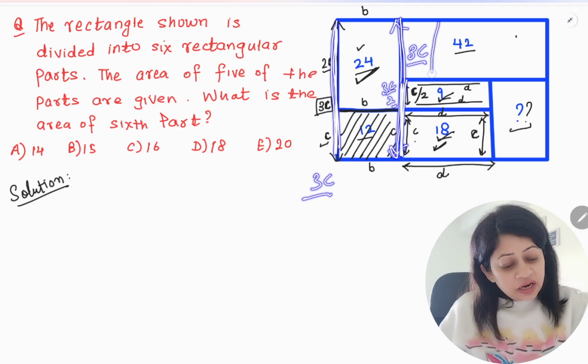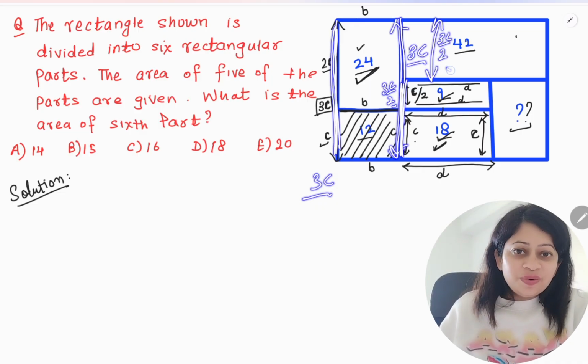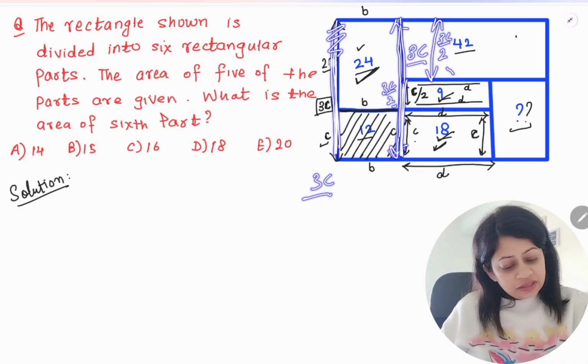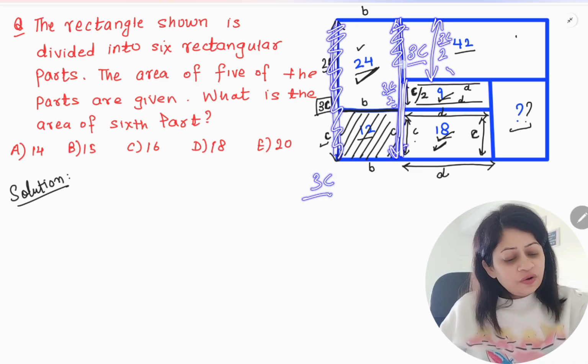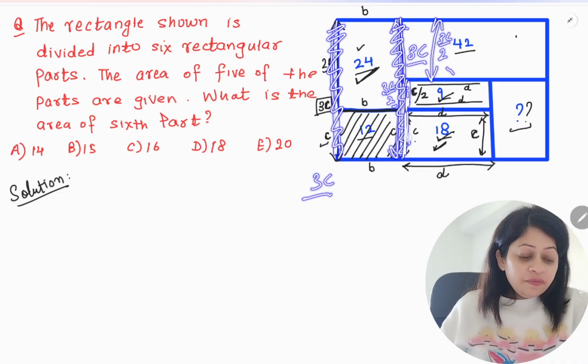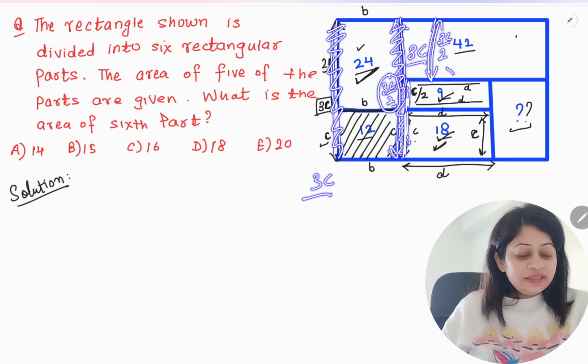So the remaining part is also equal to 3C by 2. Are you getting it? Because we know that since this side is 3C, this side is also 3C. And if we add this C by 2 and this C, it will become 3C by 2. And the remaining is also 3C by 2.